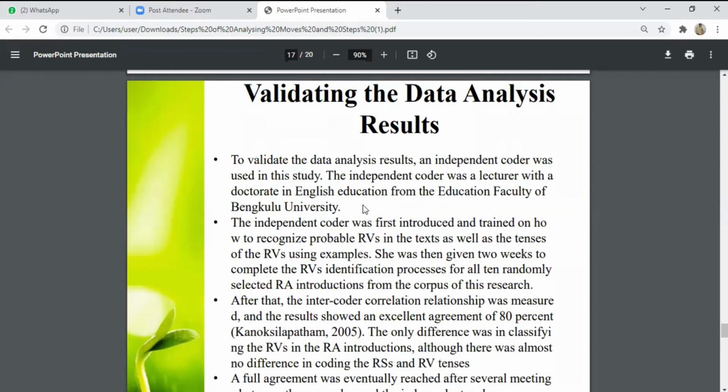The independent coder was first introduced and trained on how to recognize possible reporting verbs. So, a different instrument. You have to teach the independent rater how to analyze the data using the particular instrument or checklist.